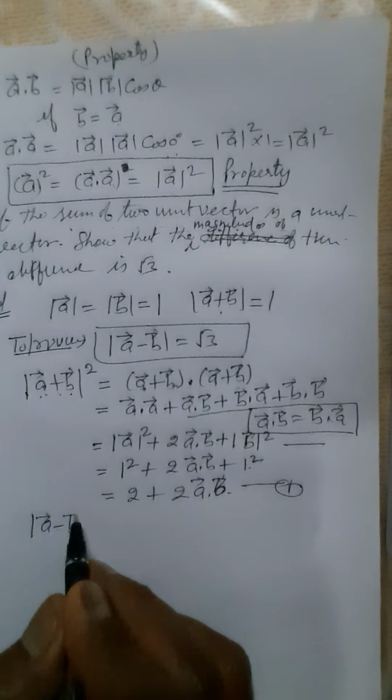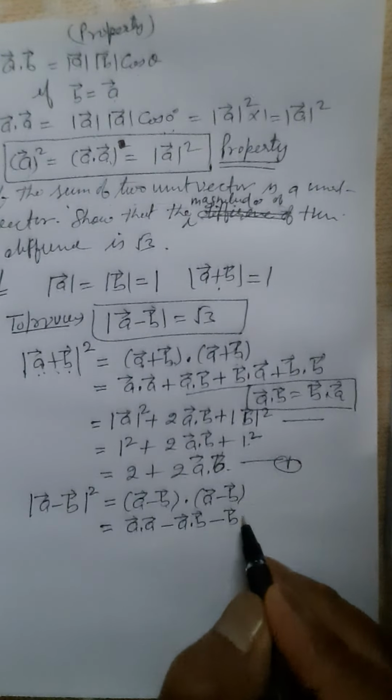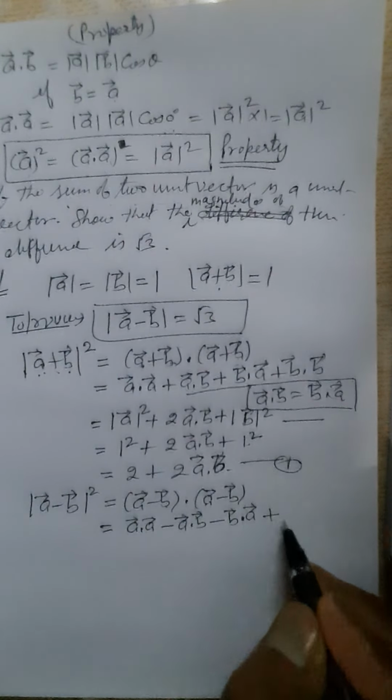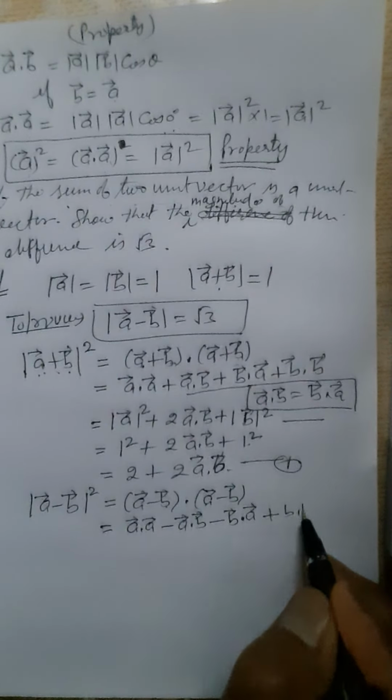Open these, this will be A dot A minus A dot B minus B dot A plus B dot B. This part can be written as magnitude of A whole square, and these are equal, so this result will be double, 2 times A dot B, plus this result is magnitude of B whole square.